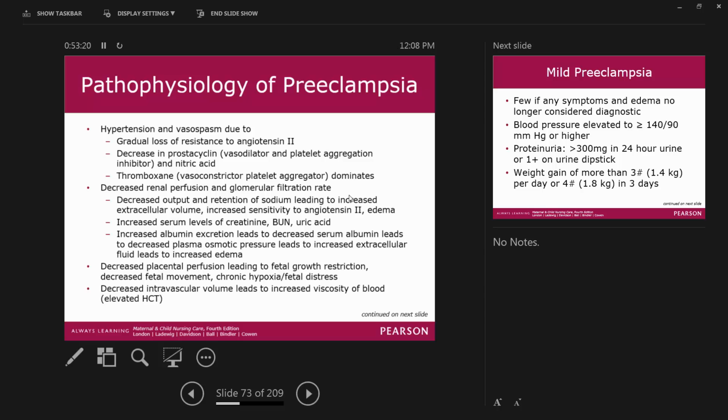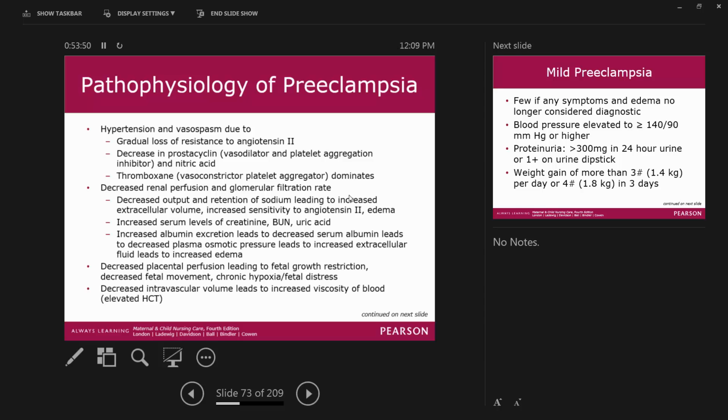Now the hypertension and the vasospasm are going to affect our renal system and our glomerular filtration rate, which is why we end up spilling protein. We have a decreased urinary output and a retention of sodium, which causes an increase in extracellular fluid volume.